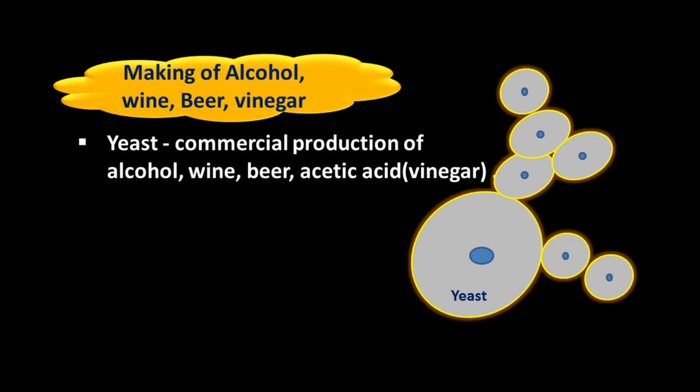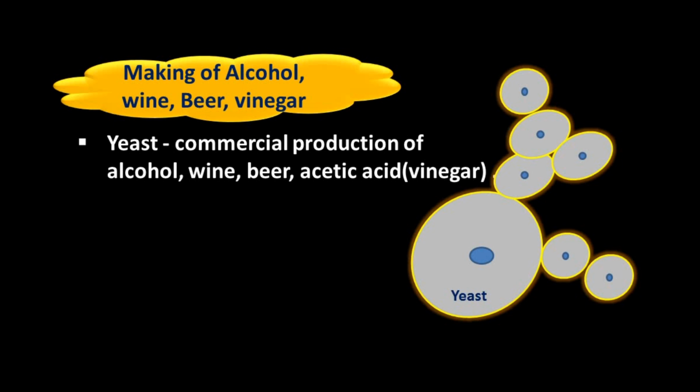Yeast is also used in making alcohol, wines, beer and vinegar. Yeast is used in commercial production of alcohol, wine, beer, acetic acid, etc. Acetic acid is also known as vinegar.